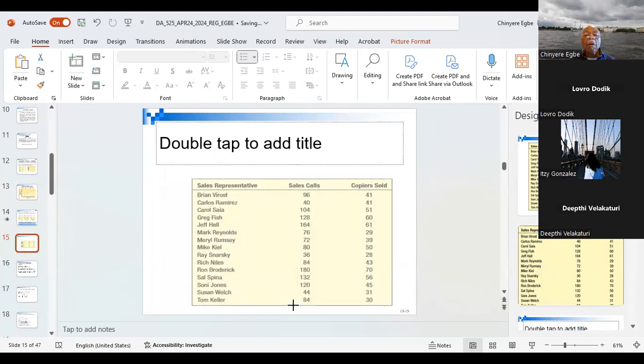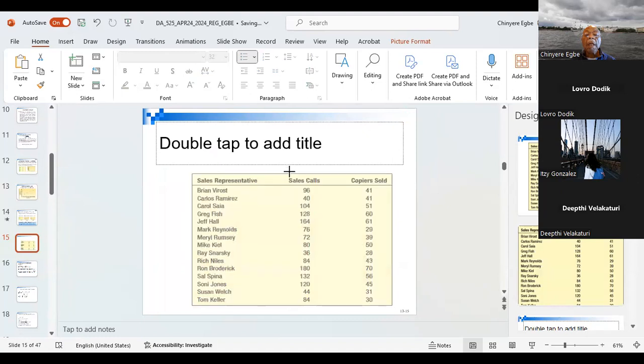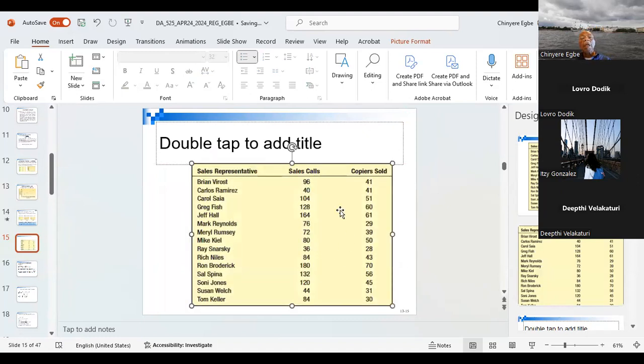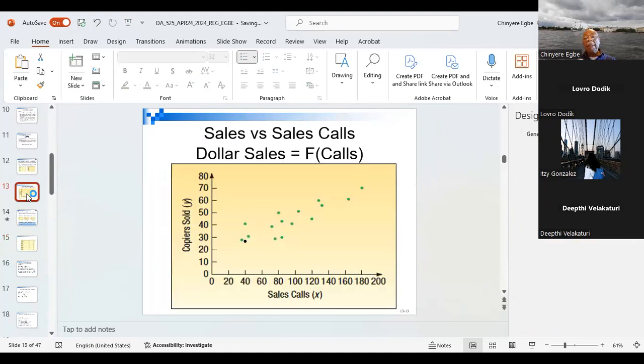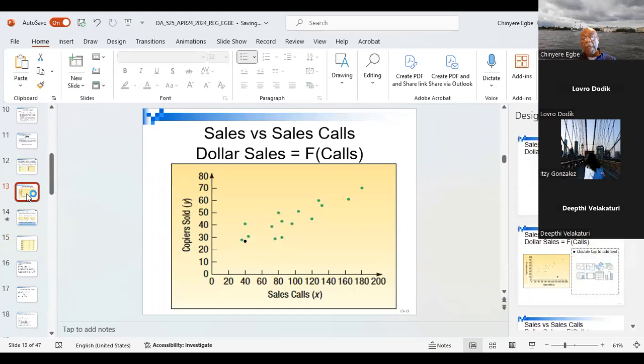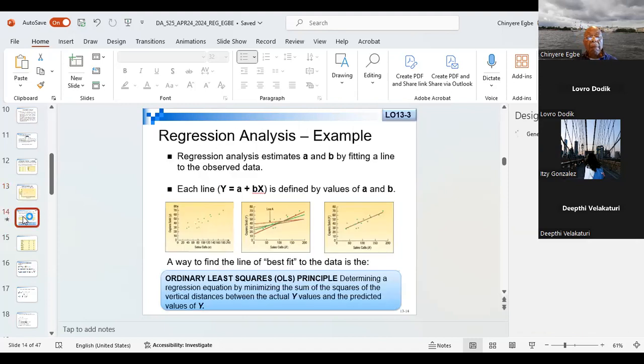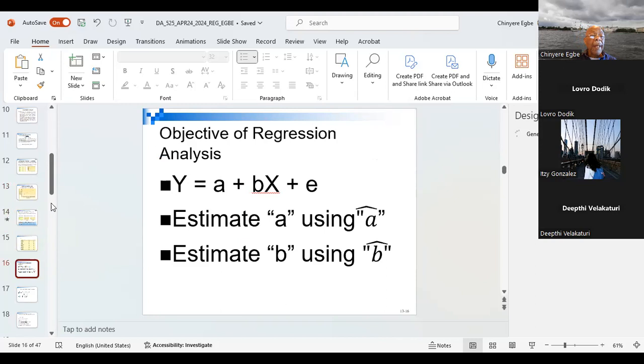This is the data on sales calls and copiers. If you plot this data on a chart, what you will see is a positive tendency for calls and copiers sold. The more calls a salesperson makes, the more copiers they sell. And our objective is to estimate that relationship. So how do we go about that?